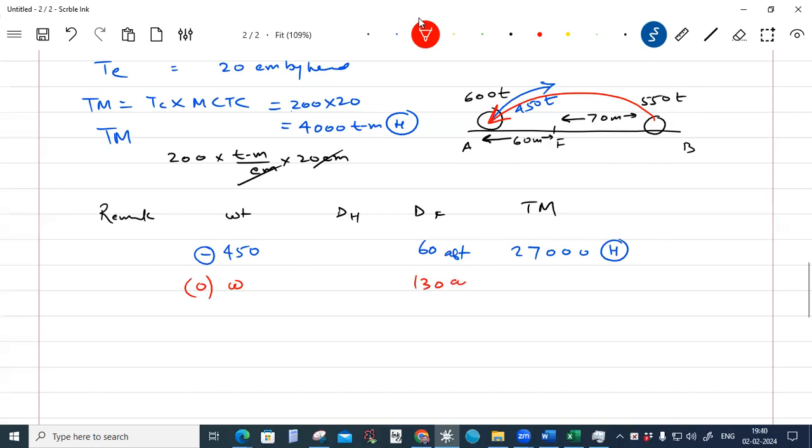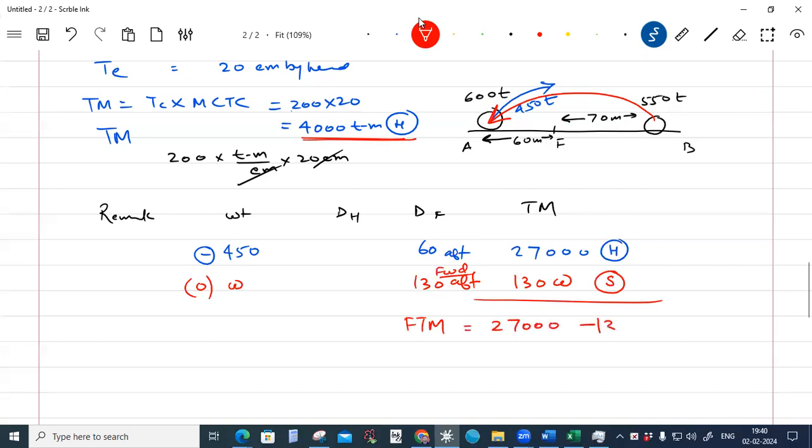Which direction? Forward to aft, stern. So 130 W by stern. What is the final trimming moment to be achieved? Final trimming moment should be 4,000 by head, that means from 27,000.